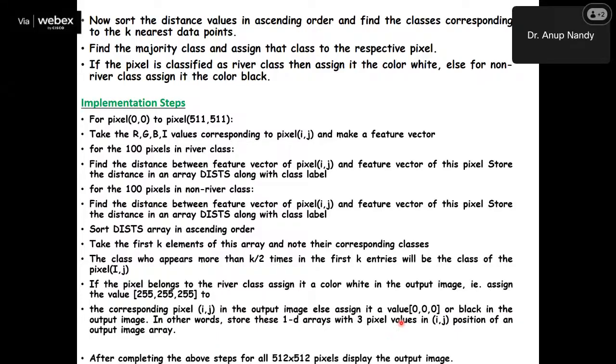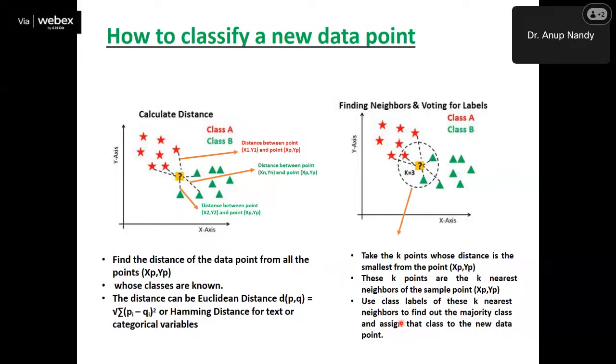Finally, after completing the above steps for all 512 pixels, you have to display the output. So these are the steps to be implemented, and this is how things can be done. I have already explained this, so there is no need to explain it again. Find the nearest neighbors, apply the majority voting technique, and take the k points whose distance is smallest from this point.